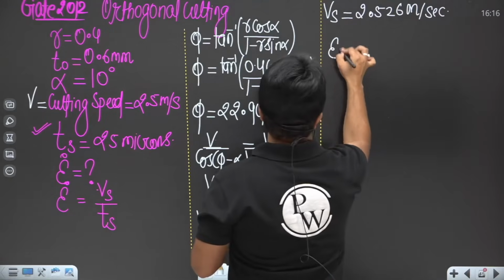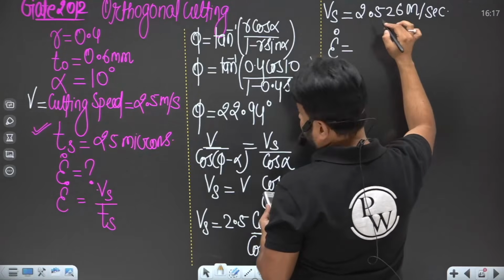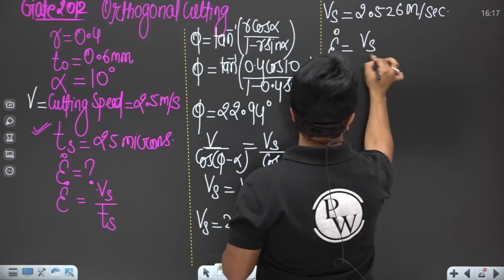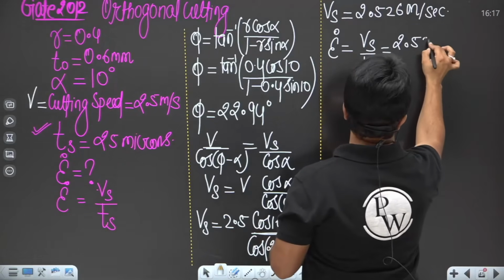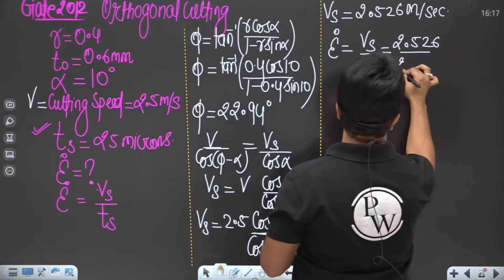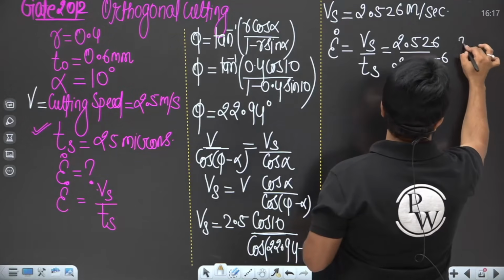Now what is the cutting shear strain rate? Cutting shear strain rate is Vs divided by Ts. So Vs, as you know, is 2.526 divided by 25 into 10 to the power minus 6, per second.